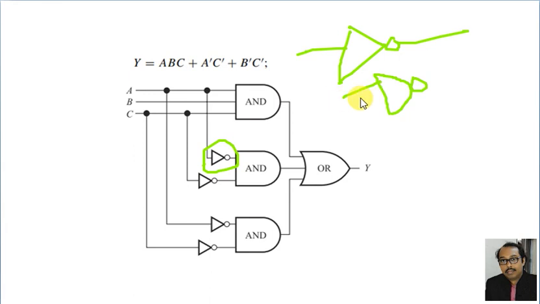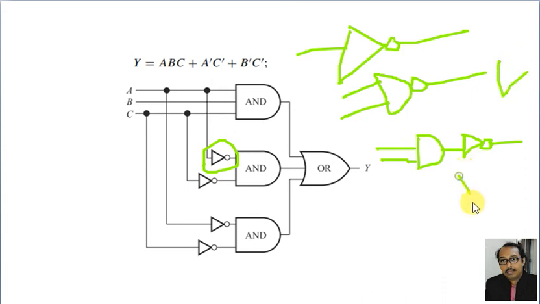So this is AND with NOT, or you will find it like this. This is the AND, and this is the triangle. So these two are the same, or equivalent.